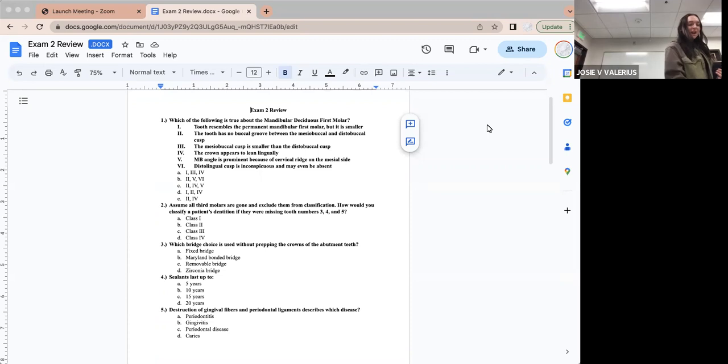This is the area of the workbook where there's a ton of fact sheet articles, and also a lot of tables, like the indirect restorative dental materials. I would read through those and highlight what you think is important, because he'll pull questions with important concepts from these little fact sheets in the workbook.